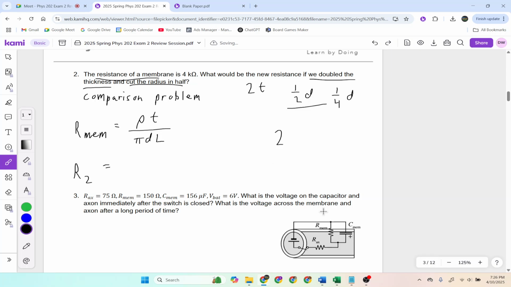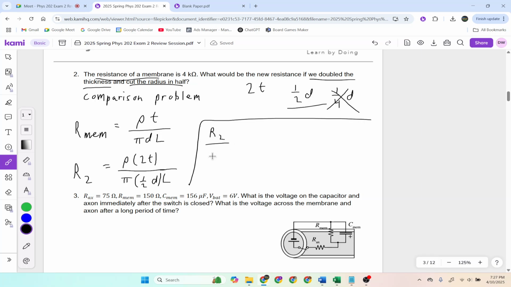So let me erase that. And so now rho t is now 2t divided by pi 1/2 dl. Great, I now solved it twice. The first time was very easy, and the second time just change a couple variables around. Not bad at all. Then finally, the last step is you have to do R2 over R1.